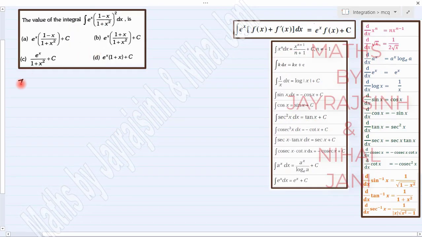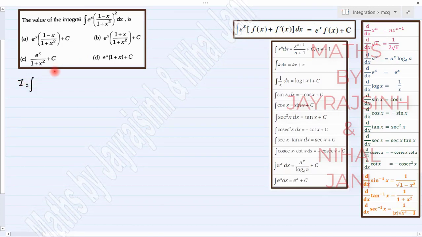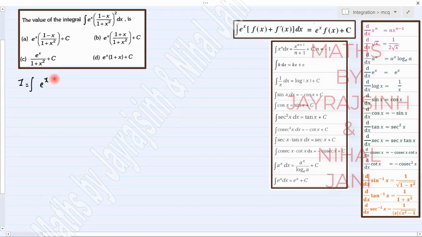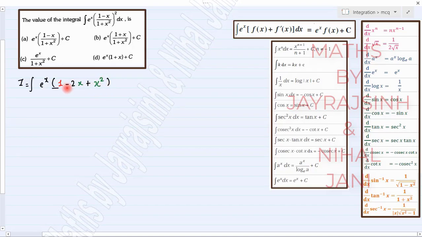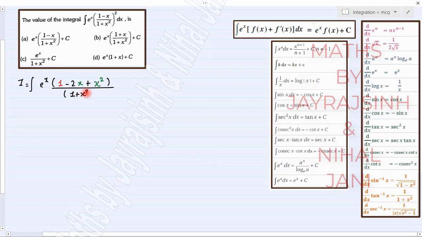Here we have to integrate e raised to x into (1 minus x) upon (1 plus x square) the whole square. Or we can say, let's expand in the numerator. So we will get 1 minus 2x plus x square. And in the denominator, we will have (1 plus x square) the whole square.